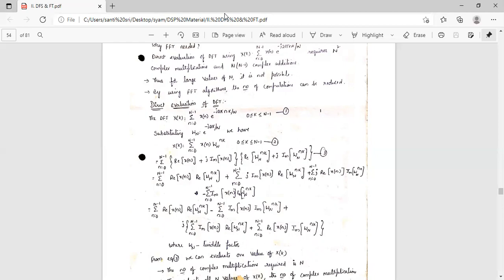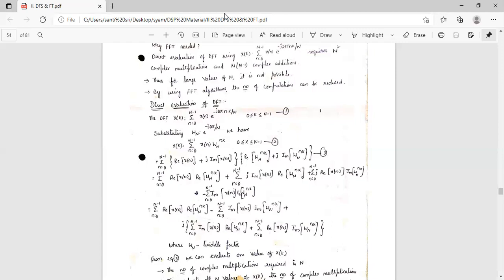So we can write this as sigma n equal to 0 to N minus 1 real part of x of n plus j into imaginary part of x of n, into real part of W N power n k plus j into imaginary part of W N power n k. So let it be considered as equation number 3.